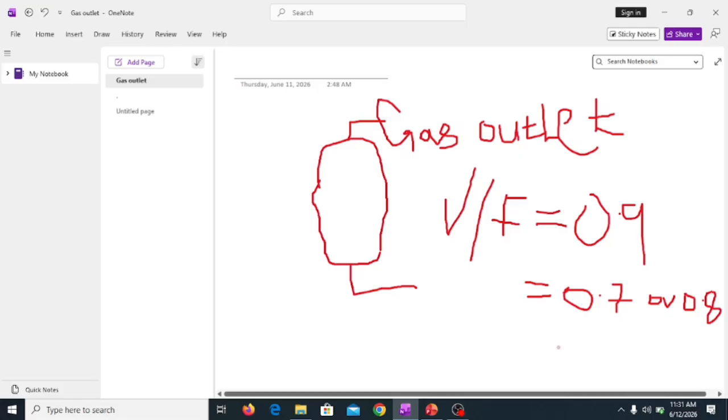So if it's about 0.7 or 0.8, that means 70 or 80%, we use a horizontal separator. That means the amount of gas in the crude oil is low, so we use a horizontal separator for that.